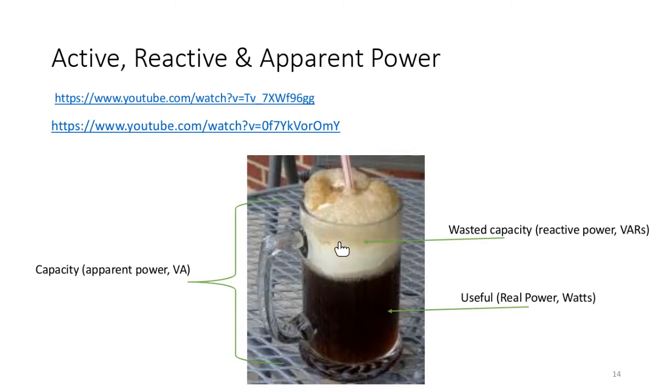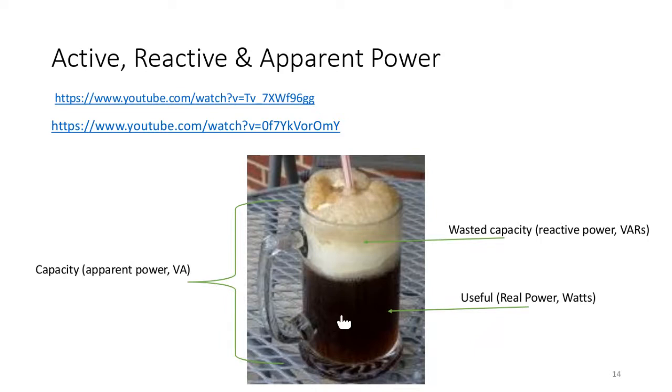But in reality, this is wasted capacity. This is an example to view what is real power and apparent power. Apparent power is the whole thing here, the wasted one and the real power.